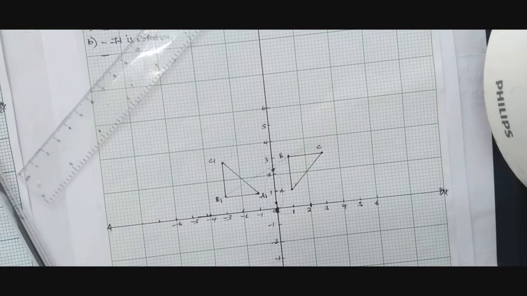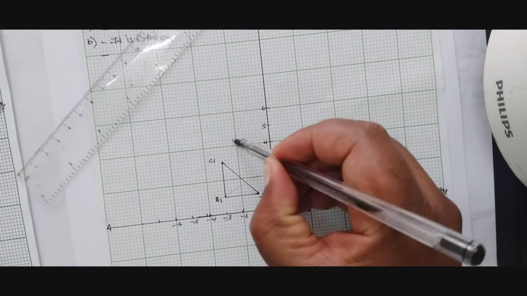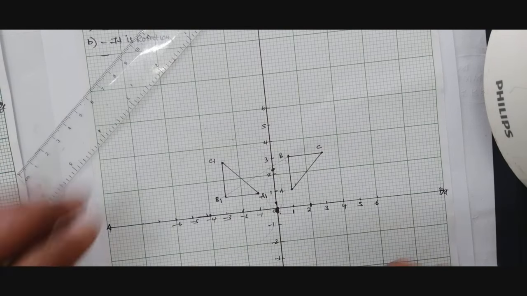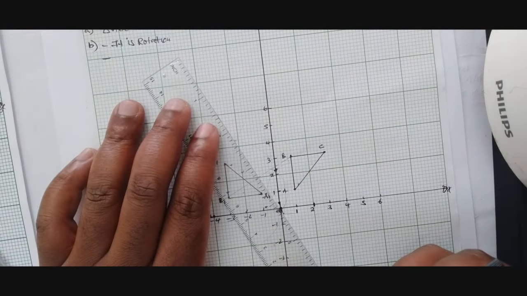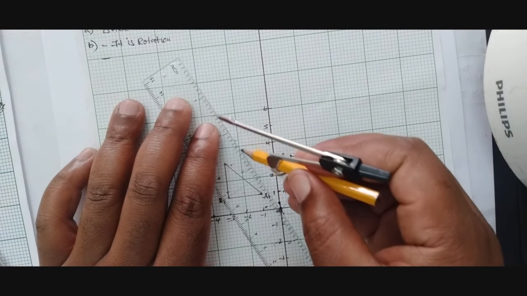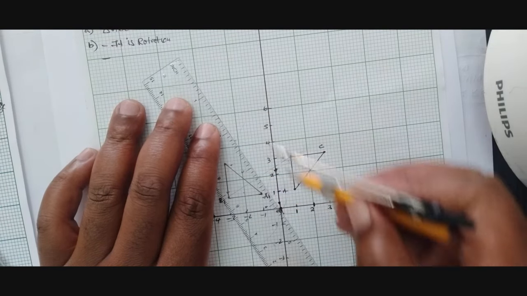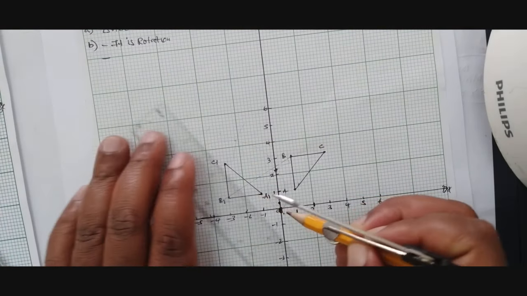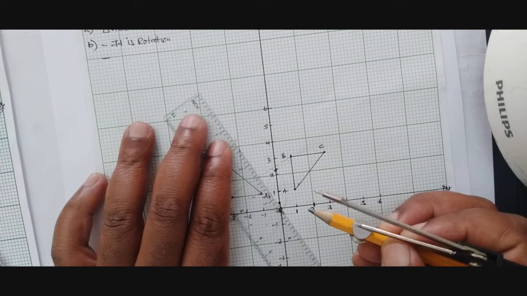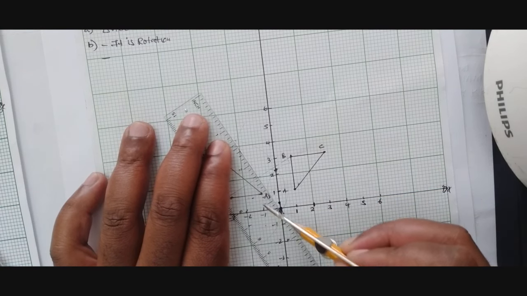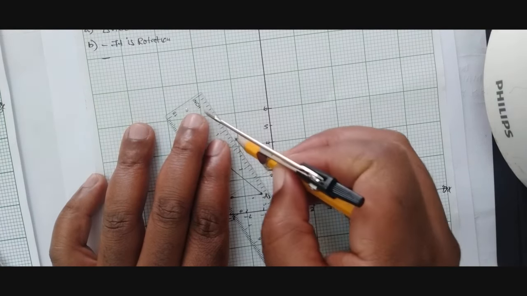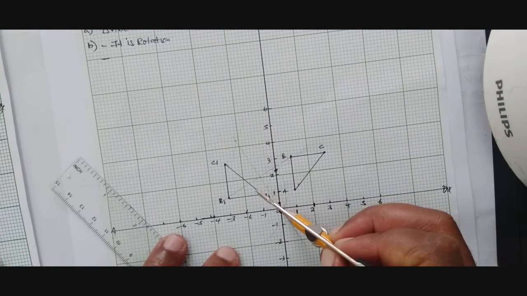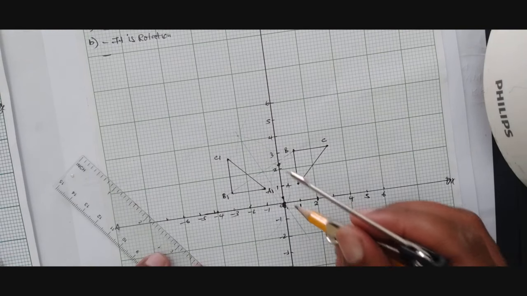Look at where they are meeting, somewhere here and somewhere here. So you draw a line. When you draw a line, again this line would take you to the origin. So this line and this line, they are meeting at the origin here. All right? If I were to check here, this line is passing through the origin. And the one that we drew earlier on was passing through this point. So it means our center is the origin.